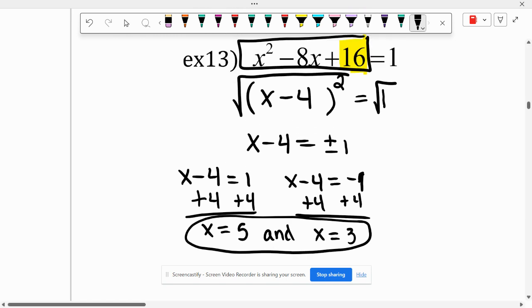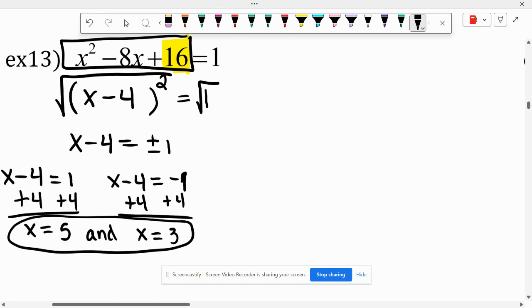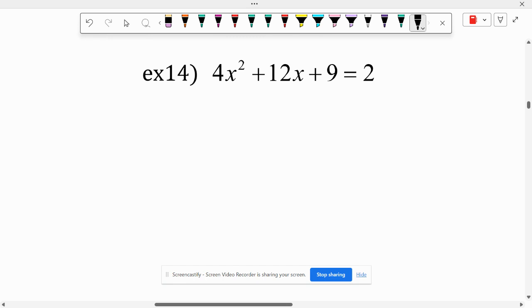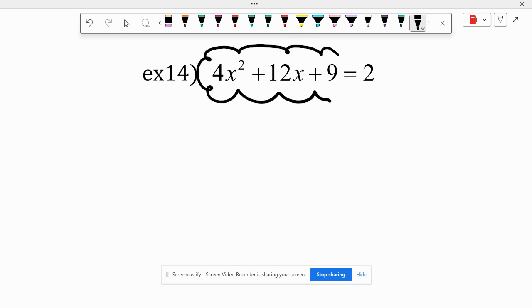Let's look at example number 14. Can you guys figure out what perfect square trinomial that came from? What binomial squared this trinomial came from? So 6 squared is 36.